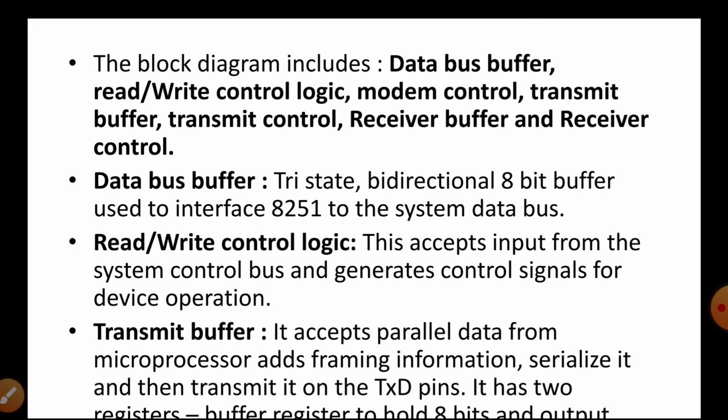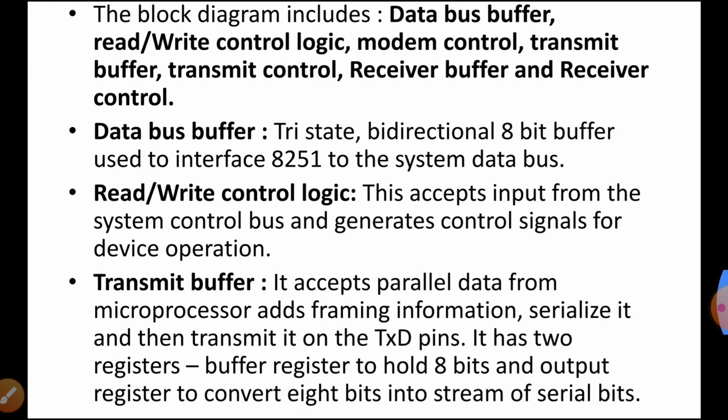Now, the second one is the read/write control logic. This functional block accepts the input from the system control bus and generates control signals for overall device operation. It decodes the control signals sent by the 8085 control bus into signals which control the internal and external input/output bus.